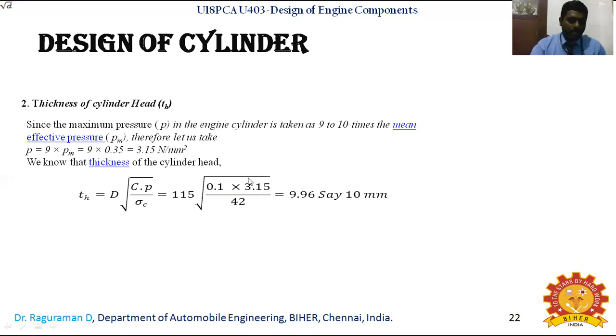We calculated P as 3.15, and sigma C is taken as 42 megapascal, with C as 0.1. By calculating, you get 9.96, which we round to 10 mm. So 10 mm is the answer for the thickness of the cylinder head.